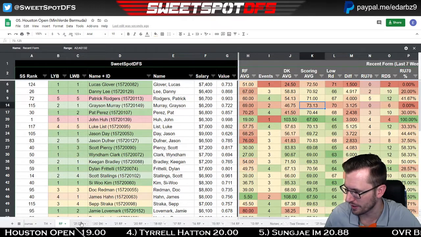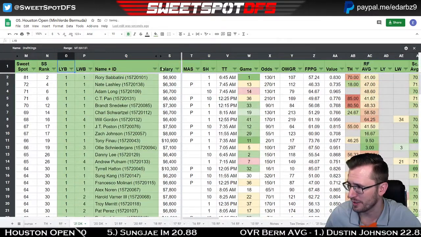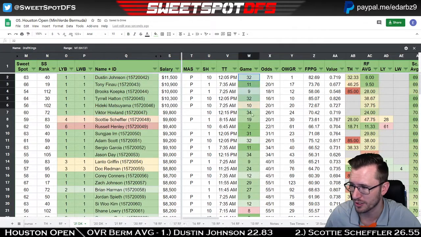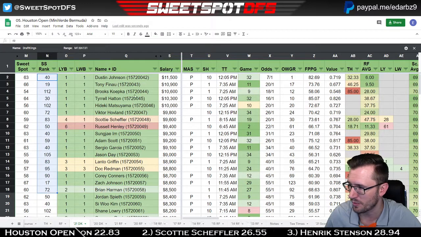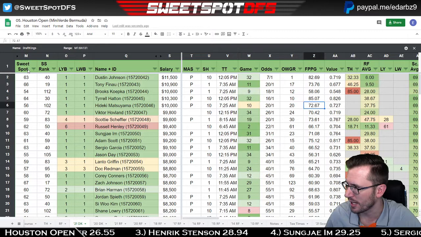I didn't go by bucket primarily because I already mentioned the bucket score is included in the SweetSpot rank. It's not included in the game, but it's included in the rank.